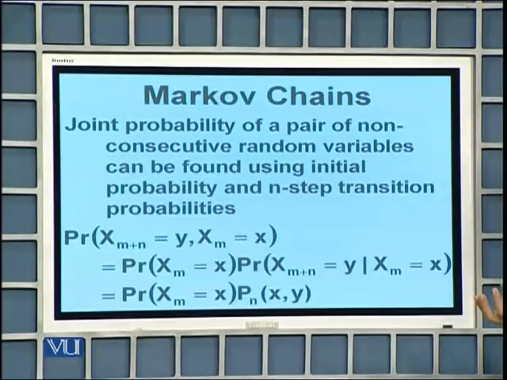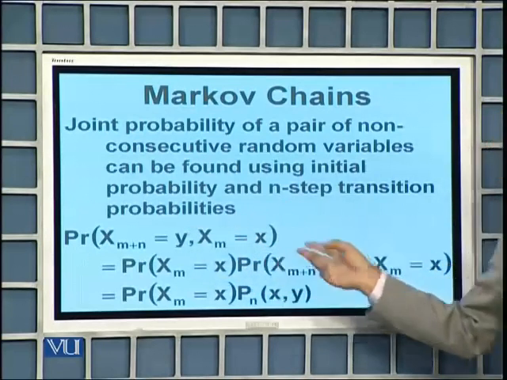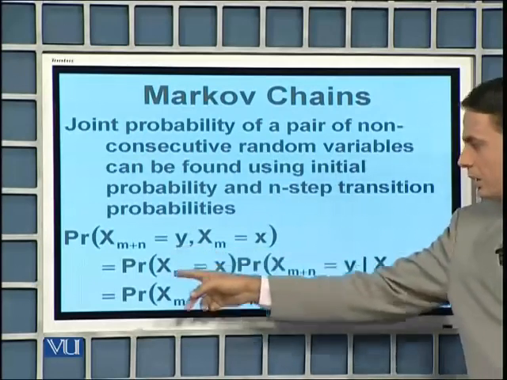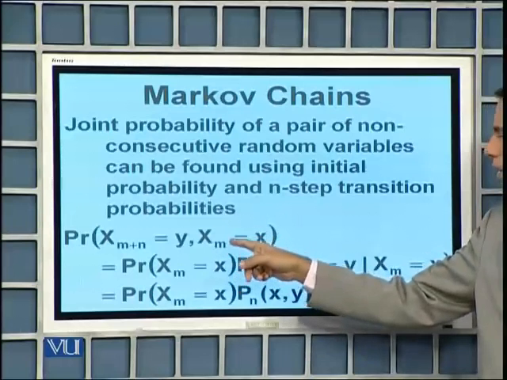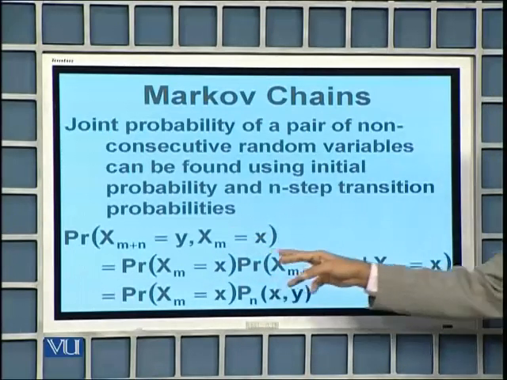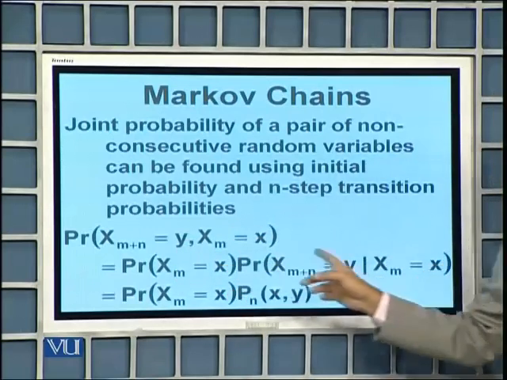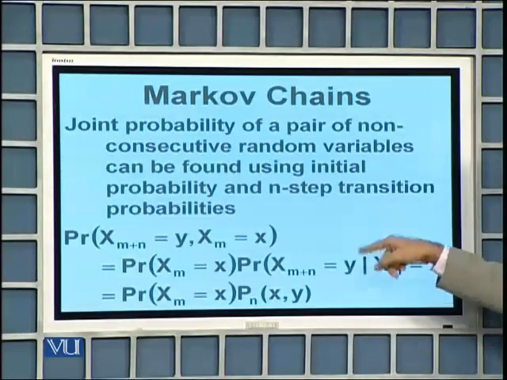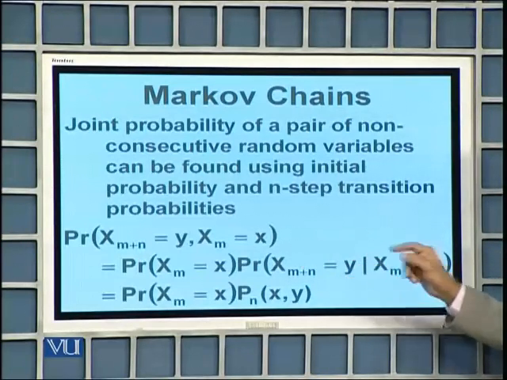There is a gap of n-1 steps between these 2 random variables. But it should not be a problem, because this joint probability can be broken into the unconditional probability of the random variable with lower index, and then the conditional probability of the lower index random variable having a value x and going from that value to the higher index random variable taking the other value y.